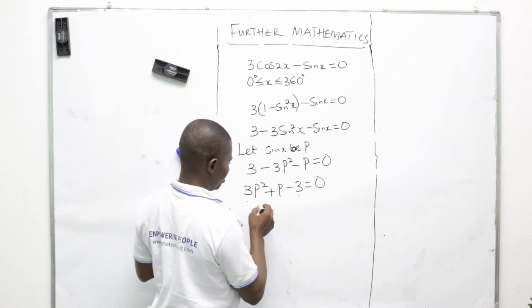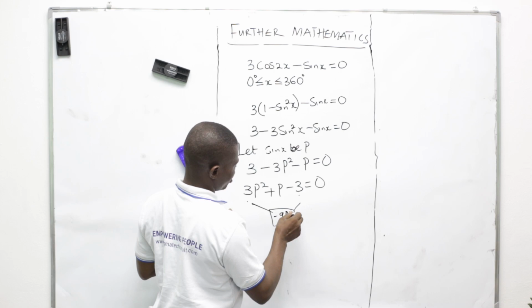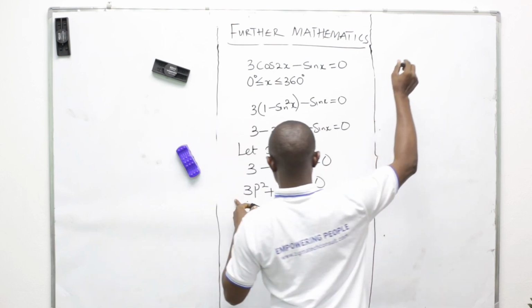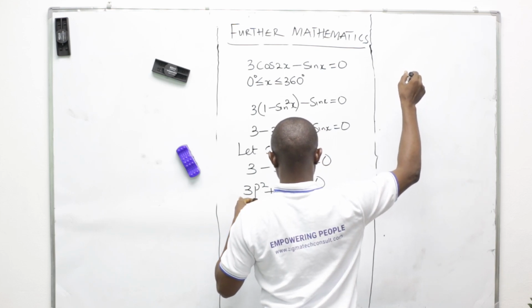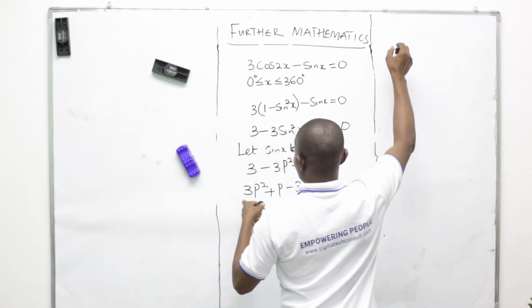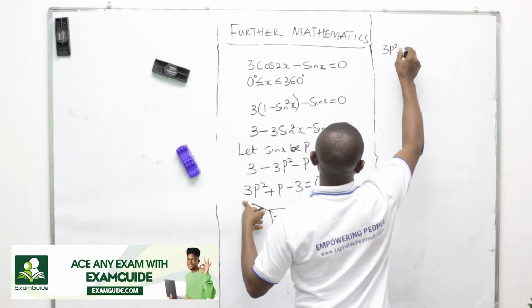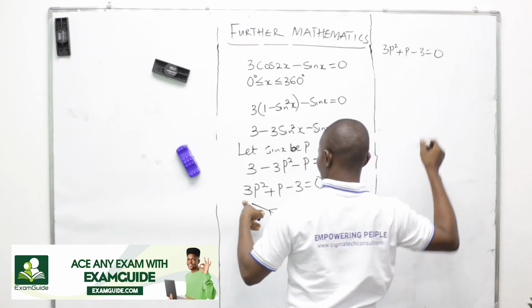This and this by linking method will give us minus 9P squared. If we have this, we have 3P squared plus P minus 3 equals 0.